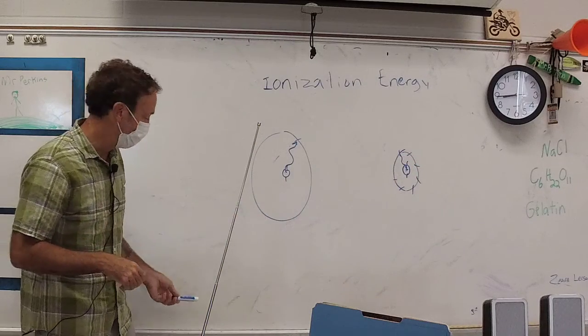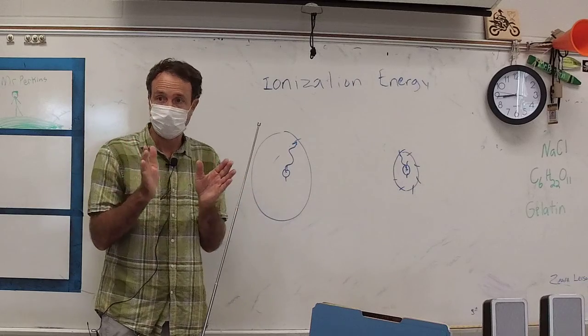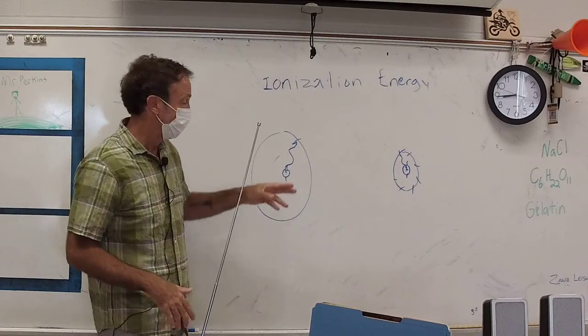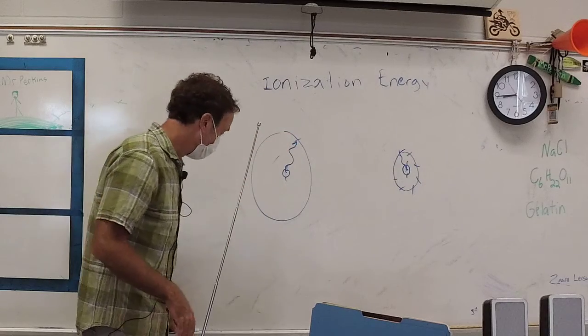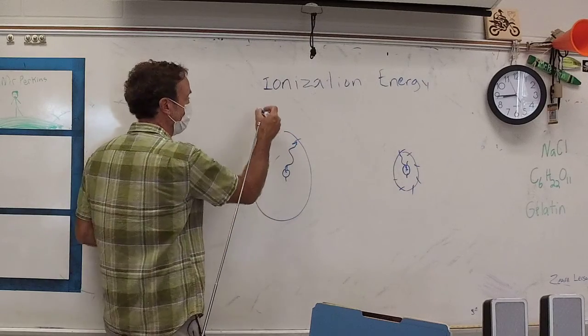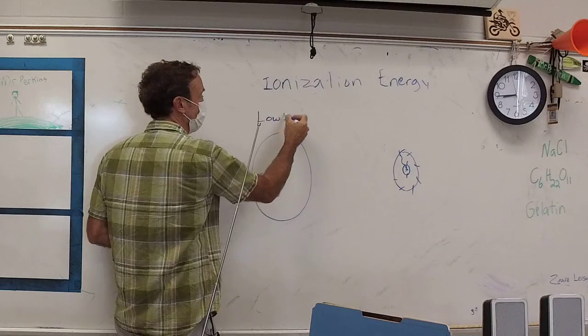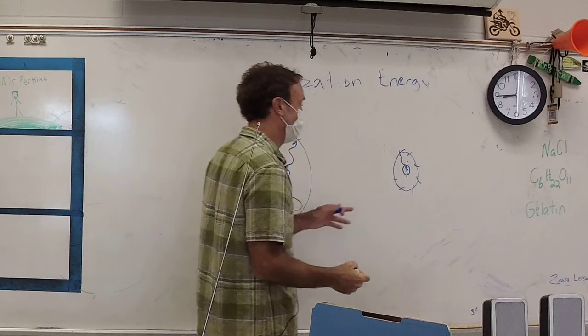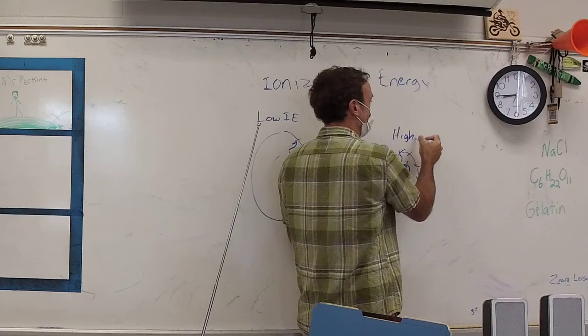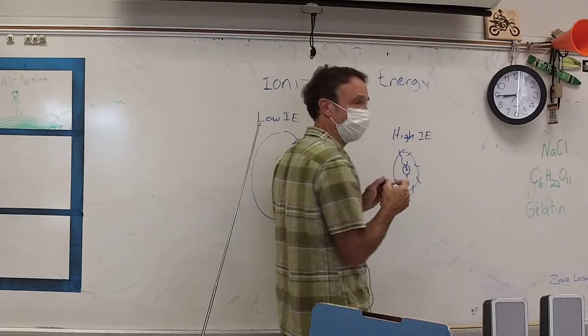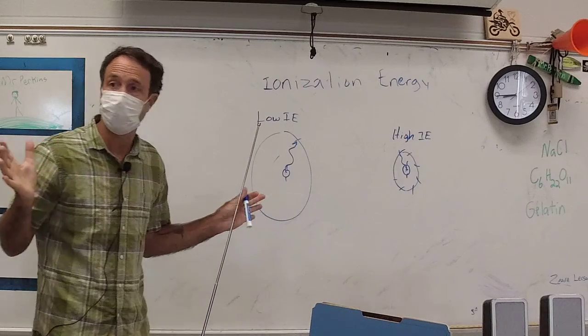So just like you know that magnets have to be close together to work, it's the same thing with the attraction between protons and electrons. So a big atom like this has a low ionization energy, and a small atom like this has a high ionization energy, okay? That's the biggest thing.